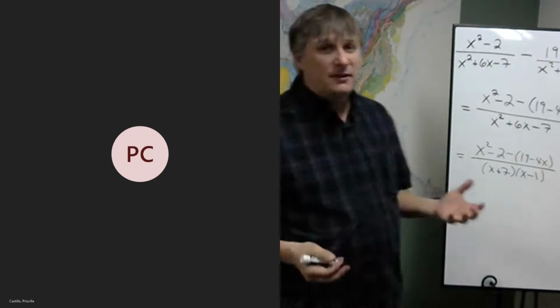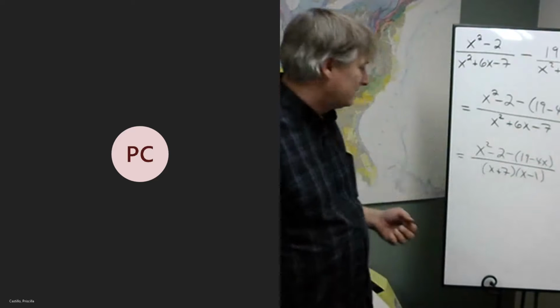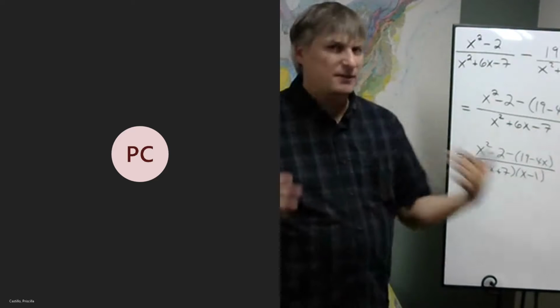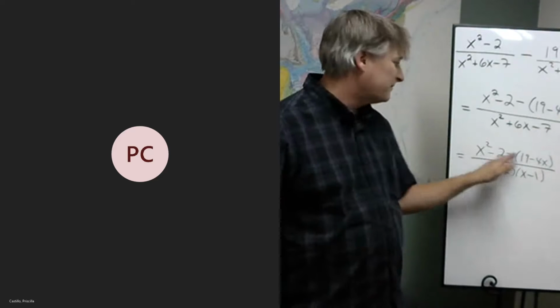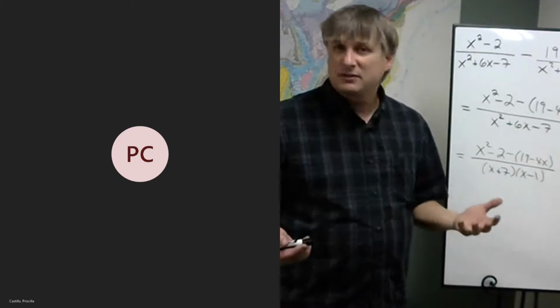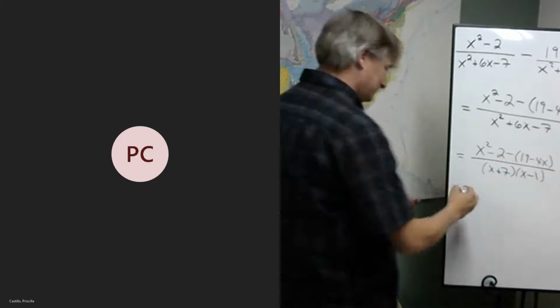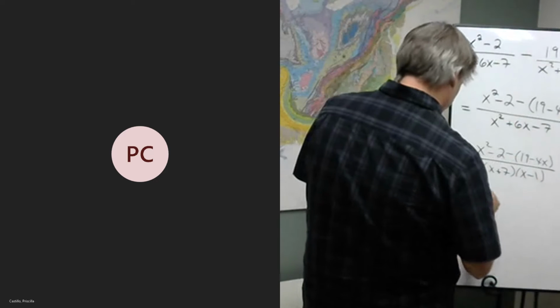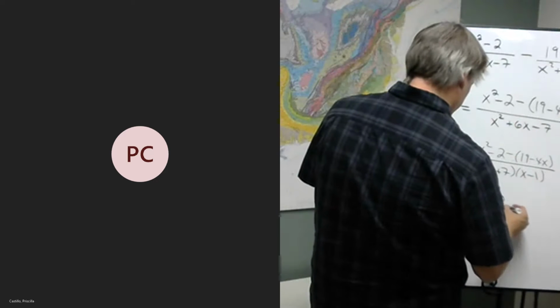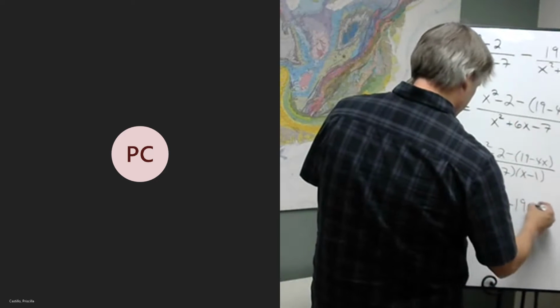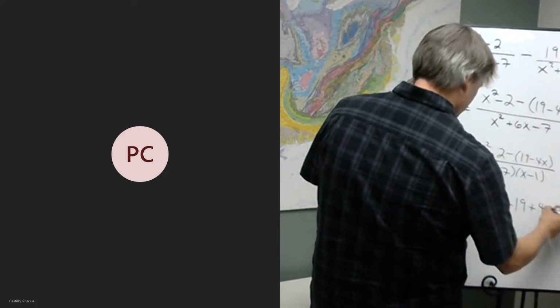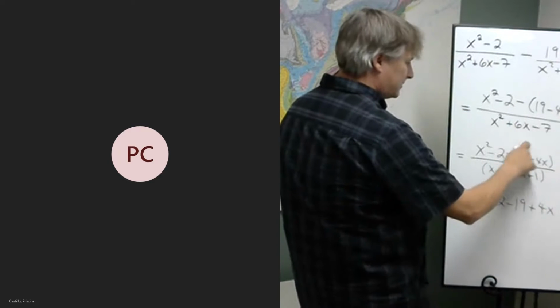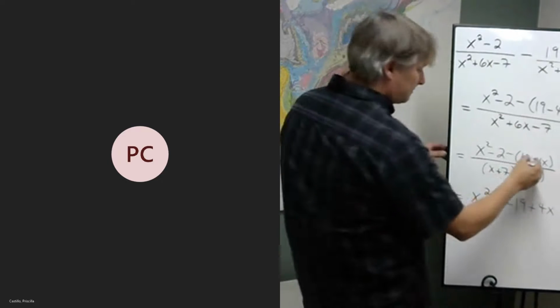So I don't see anything that can factor just yet. So because I don't see anything that's going to factor, I'm going to simplify this top part. Let's see what we get. Now I'm distributing this minus to both of those terms.